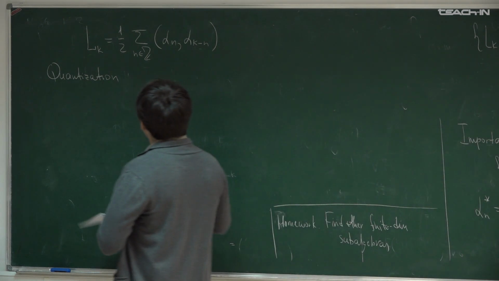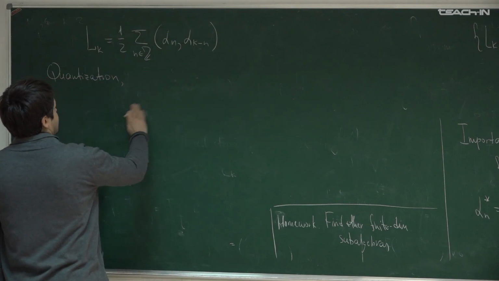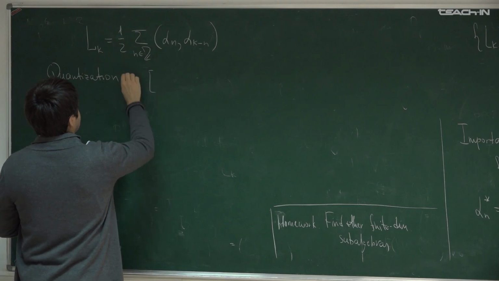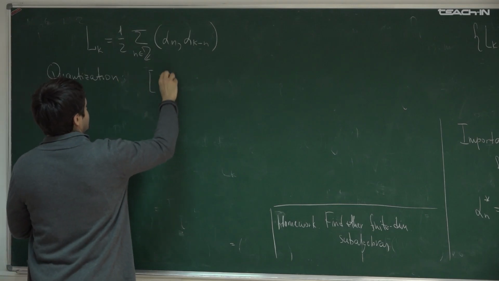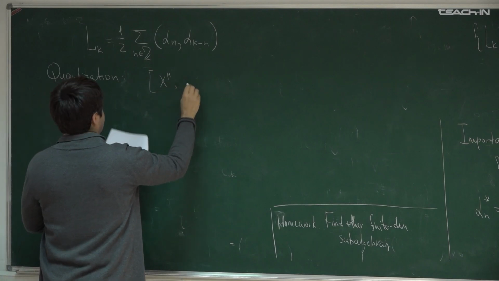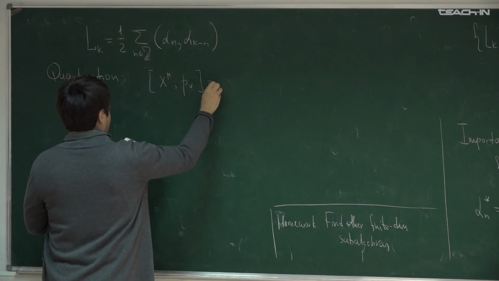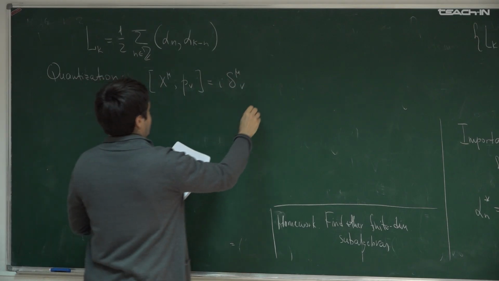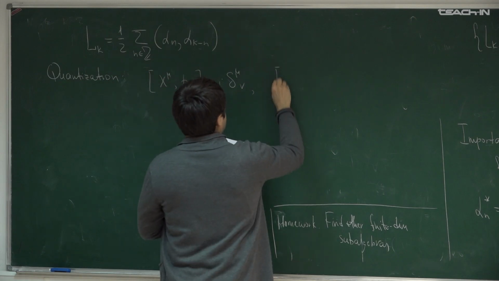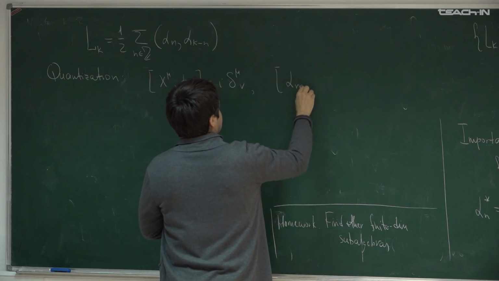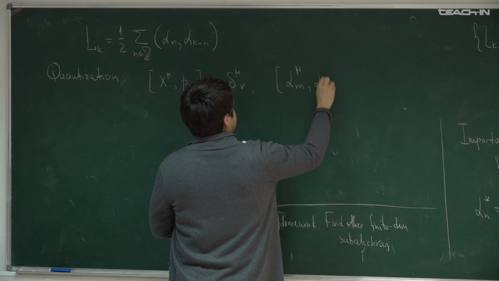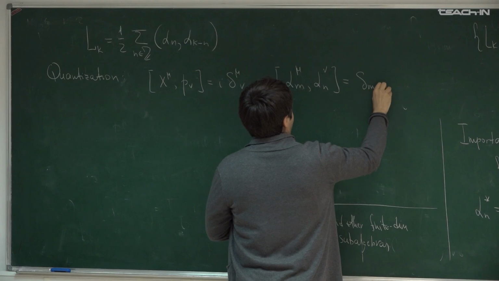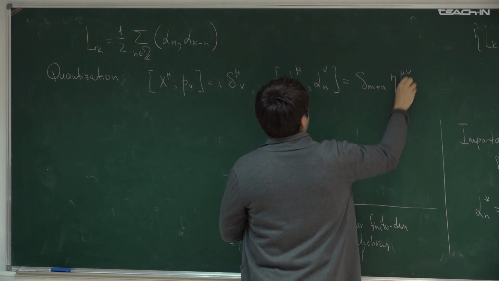So the quantization just amounts to replacing the Poisson brackets with commutators. In this case it's rather simple, right? So the small x's and small p's commute to i delta mu nu, and oscillators commute as follows.